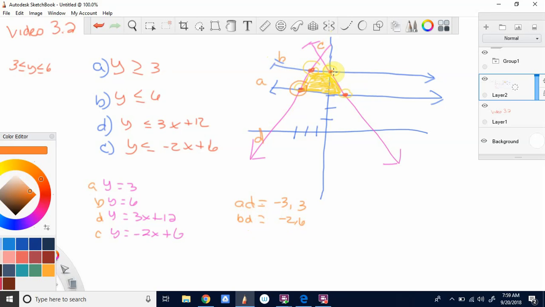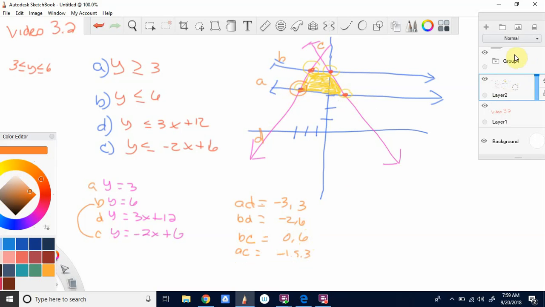Then I want this point here, which is the intersection of lines C and B. So you would take these two, and B and C, you're going to get 0, 6. And then the last one is A and C, and you're going to get negative 1.5, 3.